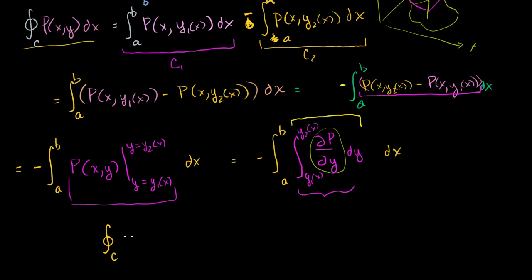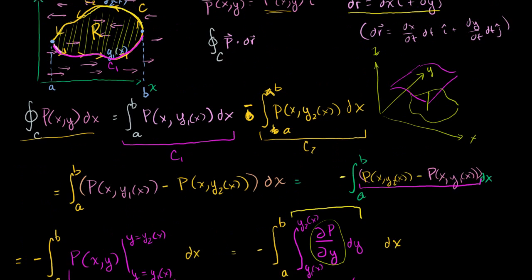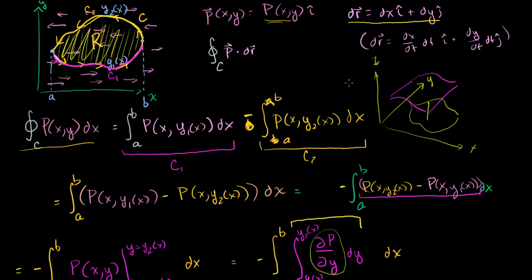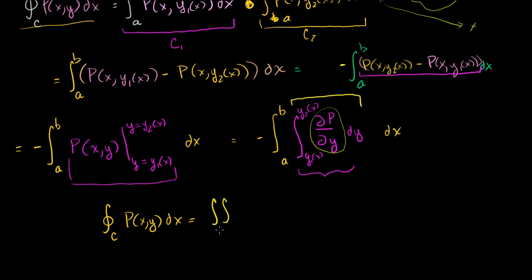The closed line integral around the curve C of p of x, y dx, we've just established that that's the same thing as the double integral over the region R of the partial of p with respect to y. And we could write dy dx, or we could write dA, whatever you want to write. But this is the double integral over that region.